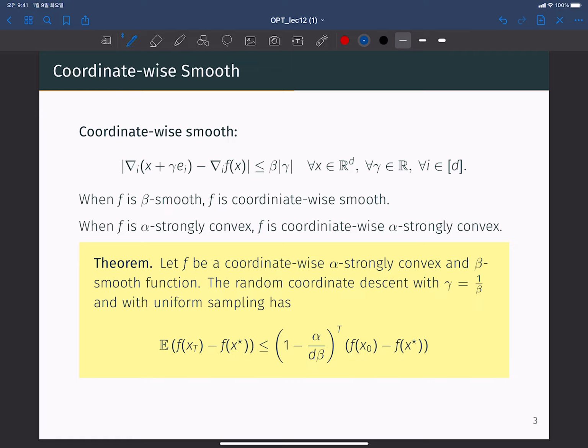Coordinate-wise smoothness, I want to define this before going into more detail.